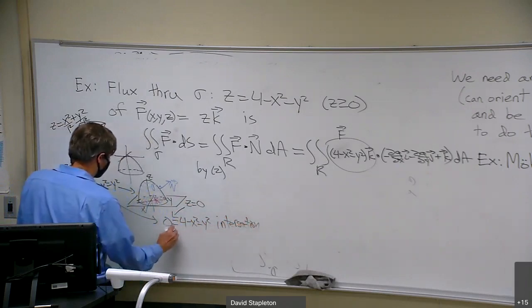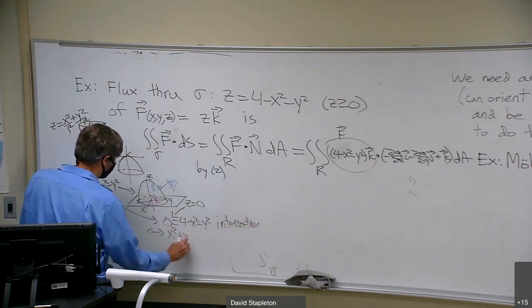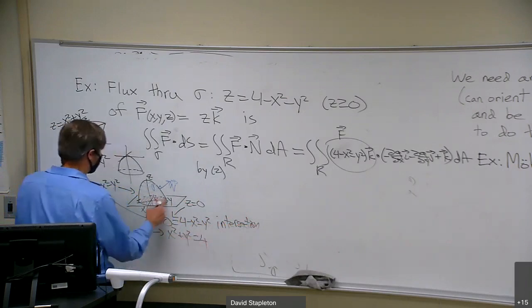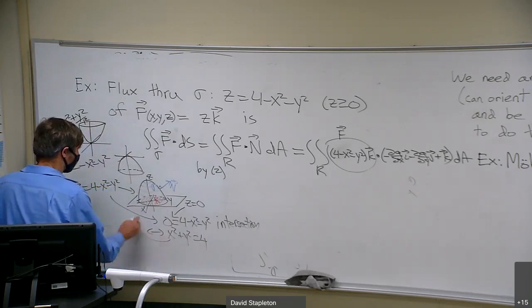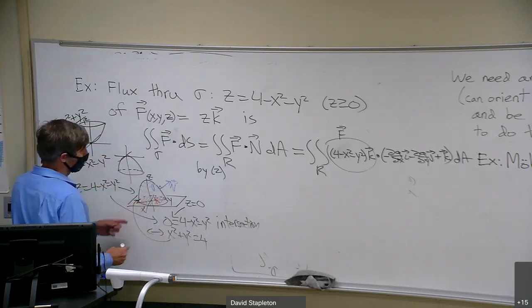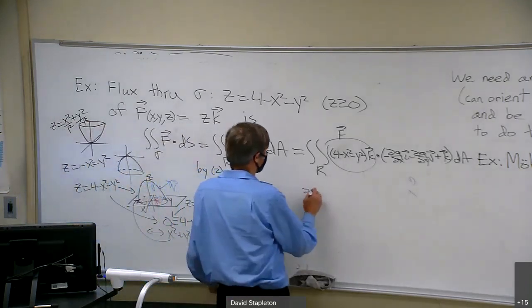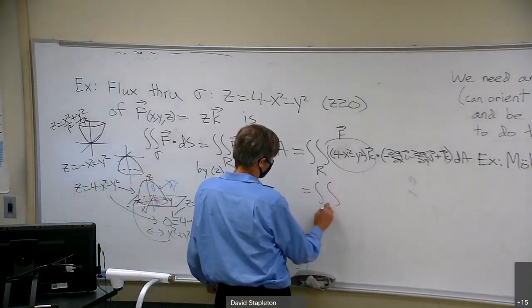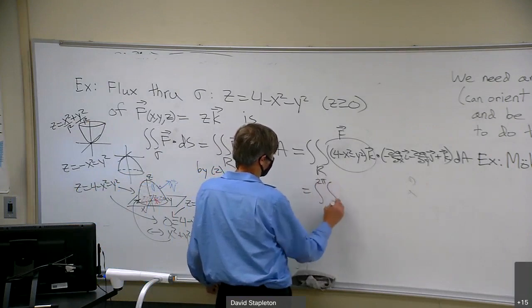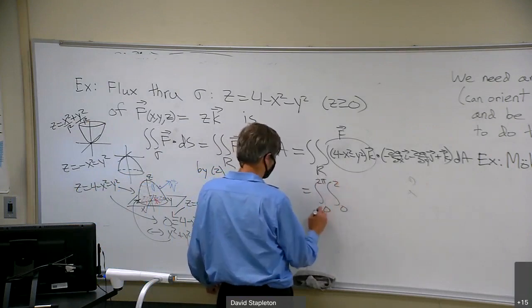Well, that's just x squared plus y squared equals 4. That's the boundary, the circle here. So then the disk runs over the interior of that boundary. Write this as a double integral, theta going from 0 to 2 pi, r going from 0 to 2 to run over the disk.